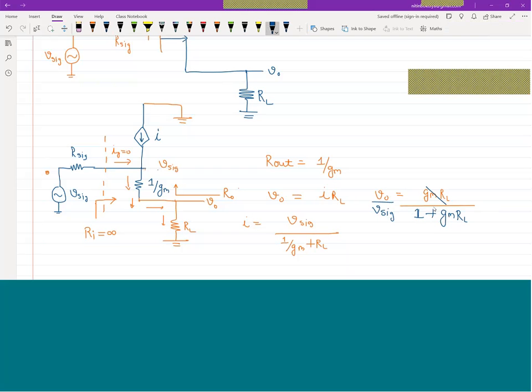So this is approximately 1. So the voltage gain of this amplifier is equivalent to 1.